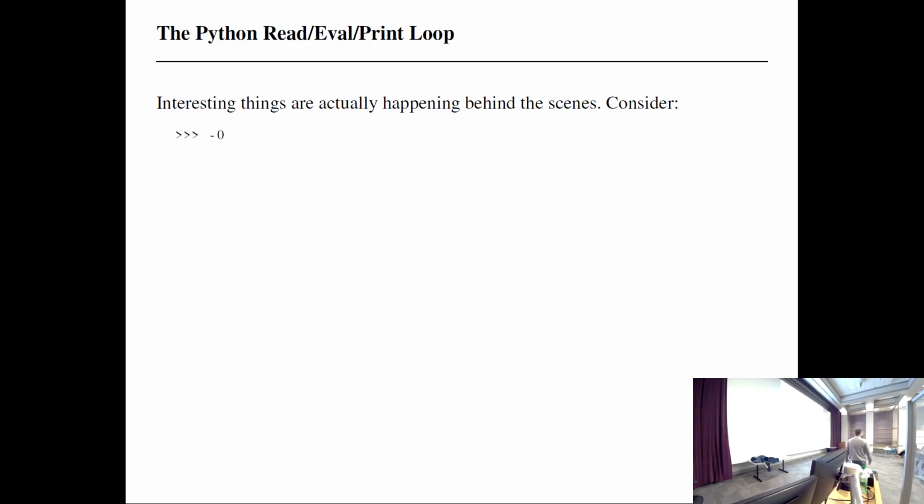Python reads that in, evaluates it to create a unique interpretation of the semantics of what I typed, which is, by the way, what number? So 0, right? And then it generates a printed representation of 0 that looks like that. So what happened to the minus sign? Well, the minus sign doesn't really change the meaning of that 0. And the printed representation of Python generates a canonical version of what its meaning is.